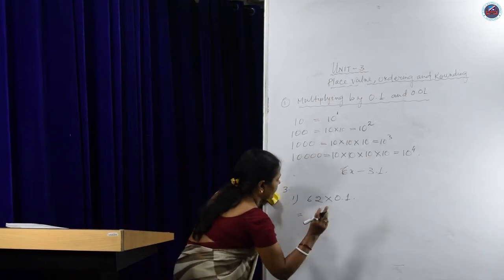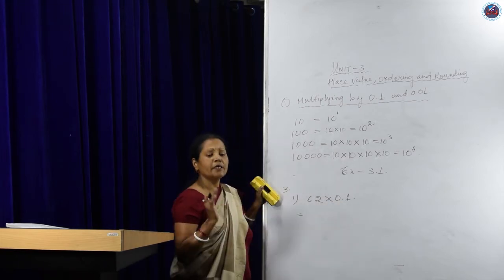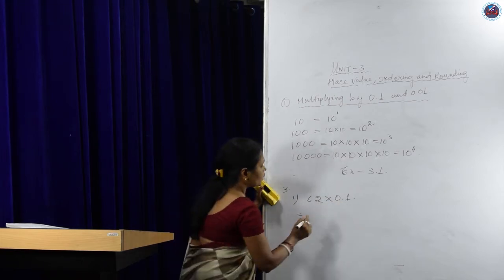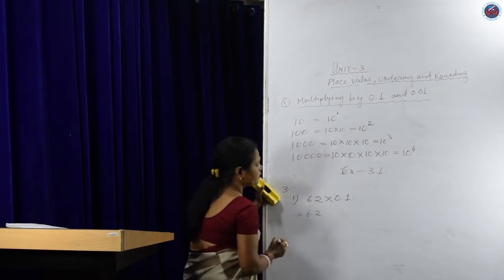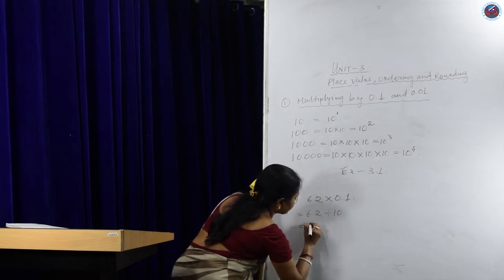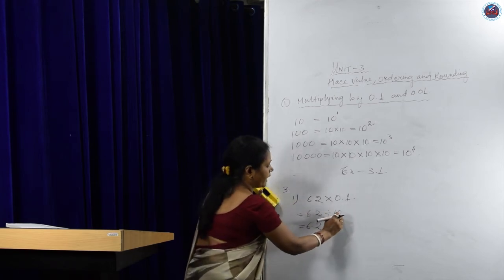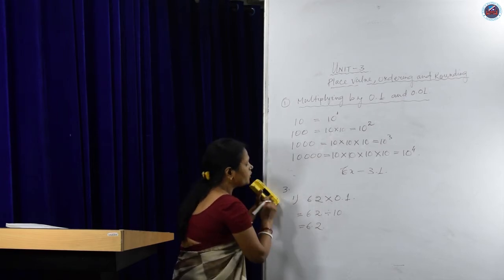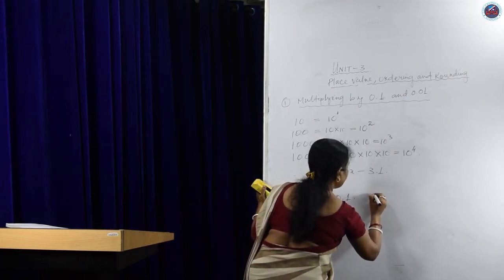How to multiply this? As I told you, multiplying by 0.1 is the same as dividing by 10. So you can divide 62 by 10 and you get your answer as 6.2. 62 divided by 10 is how much? 6.2.